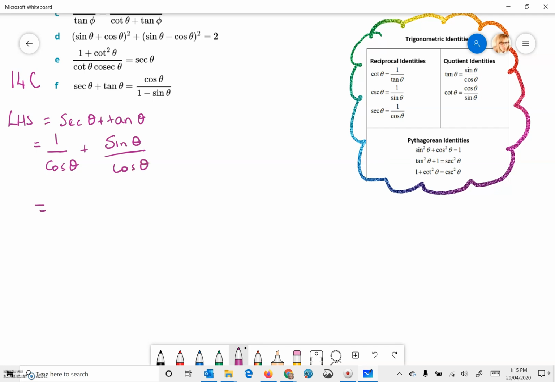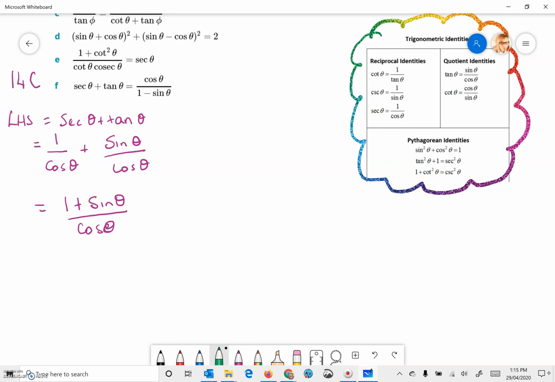Oh, it's looking promising, isn't it? 1 plus sine theta over cos theta. Okay, yay, that's almost, thinking you got the answer.